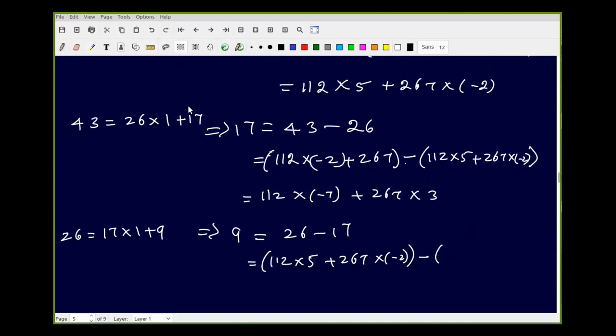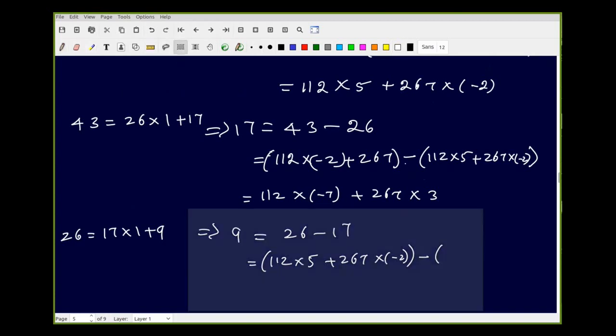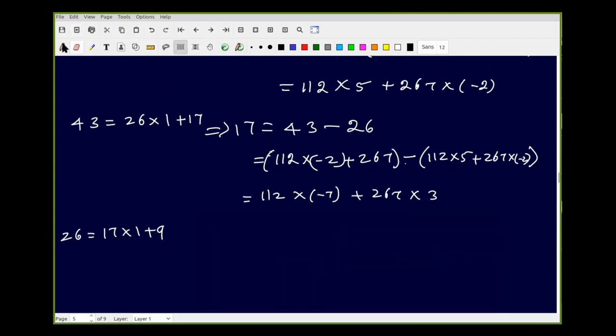So we keep on doing this process. Each remainder is written as a linear combination of 112 and 267. So 9 we can easily calculate as 112 times 12 plus 267 times minus 5.